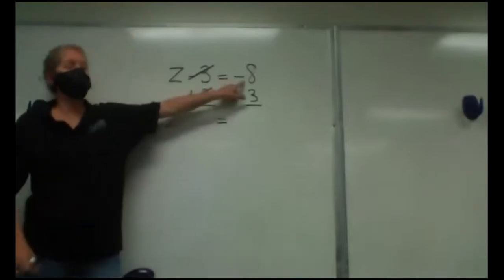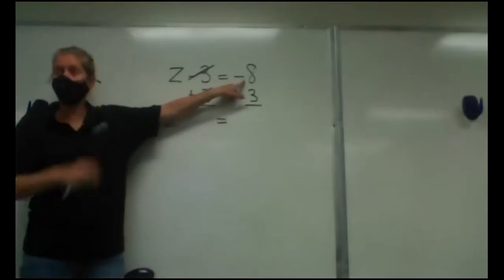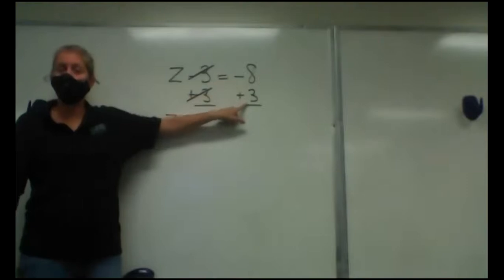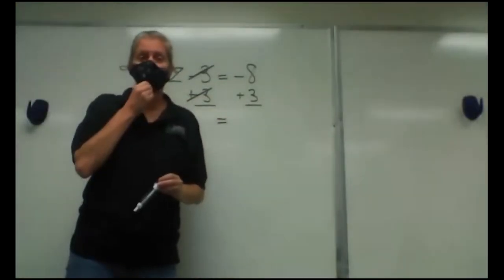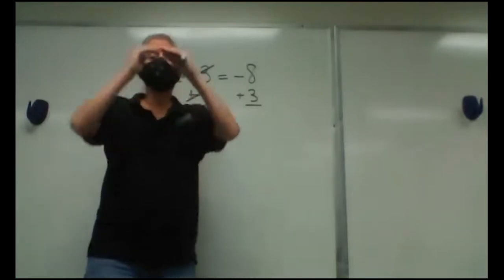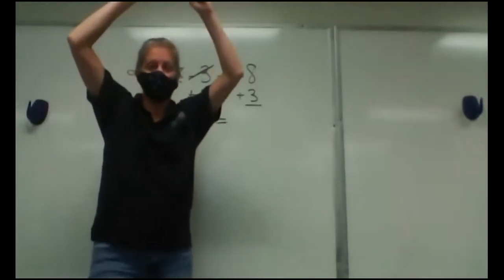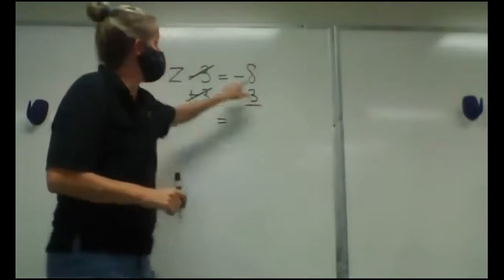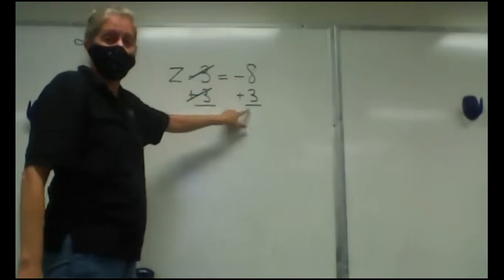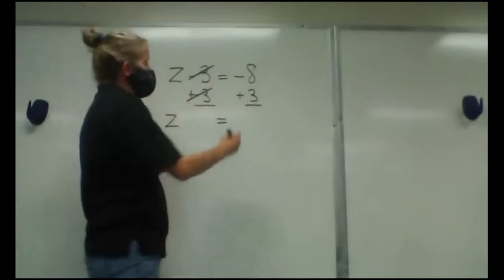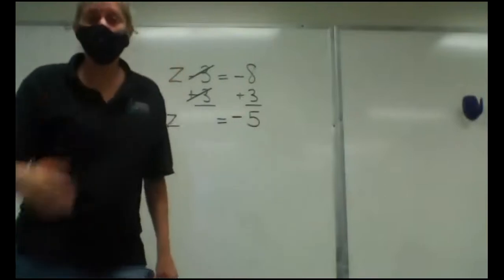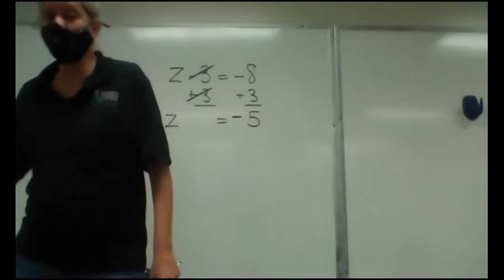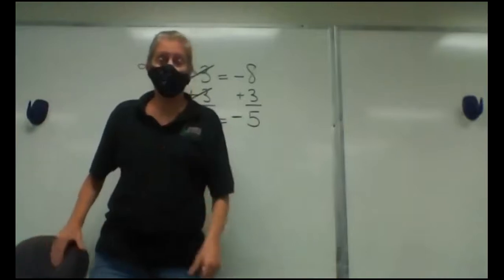If I have negative $8 in my bank account, but I go in and I deposit $3 more, I add 3 to it, I'm still negative, but I'm working my way back up to 0, right? I'm not there yet. I'm not even yet, but I'm getting closer. If you have negative 8 and then you add 3 to it, you're still negative, but now you're only negative 5.